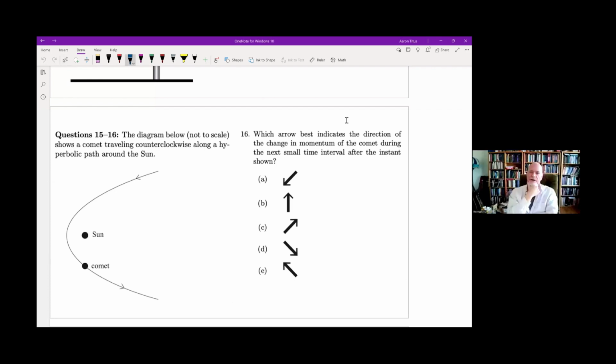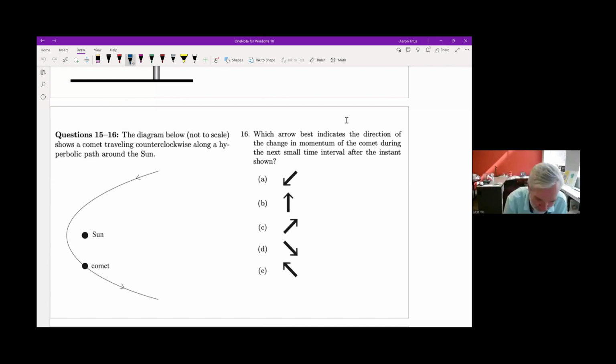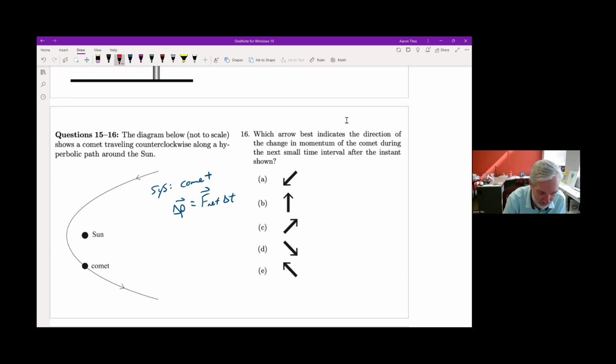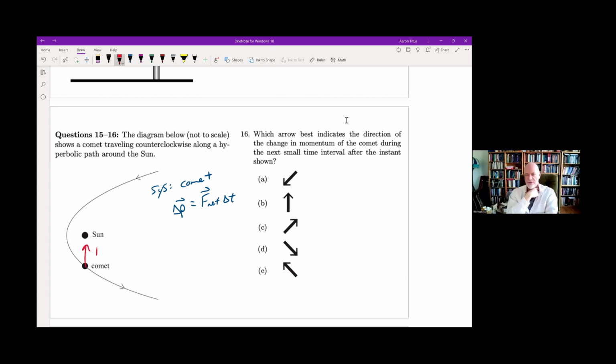Well, I started by making the system the comet to begin with, and then used basically the impulse principle. There's only one force, you know what the direction is, so the F delta T gives you the correct direction. When I made the system the comet and the sun, I had to think about it a little bit more and was led to being forced to think about the center of mass.